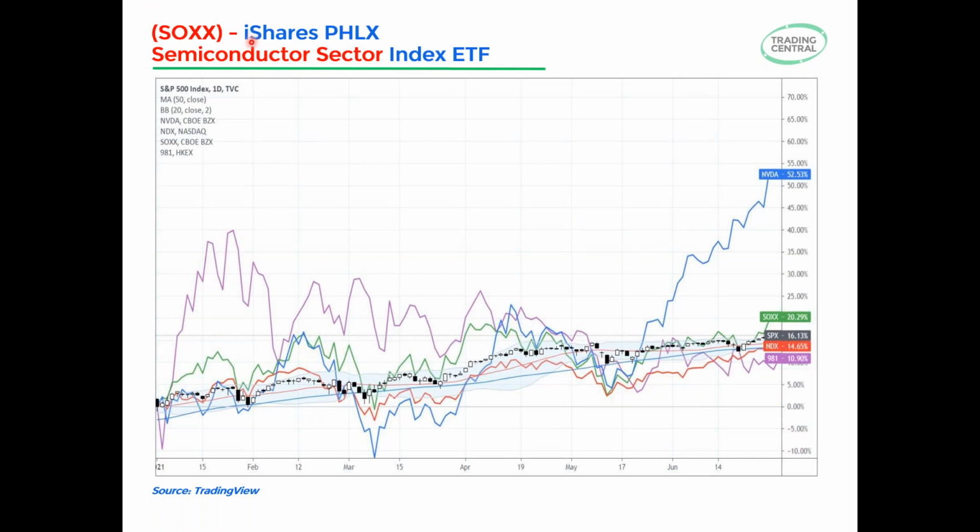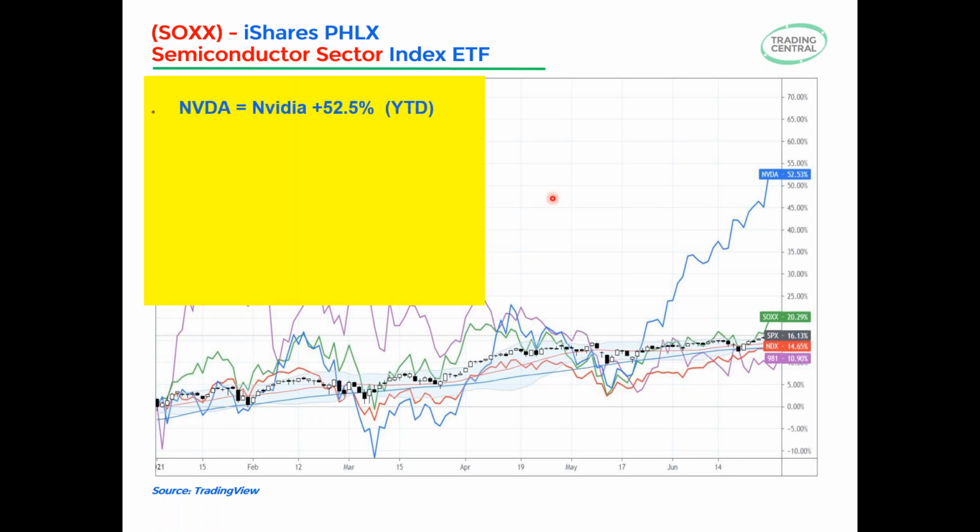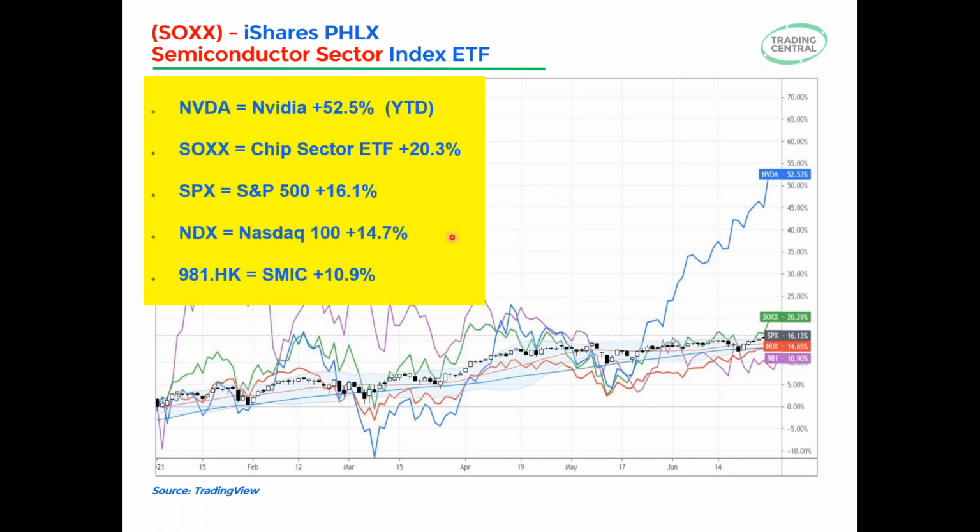This one is also an ETF, SOXX, a semiconductor sector. It is a real US stock code. Okay, it trades those major semiconductor stocks in the US, and you can see here SPX is S&P 500, NDX, the red one, is the Nasdaq 100.